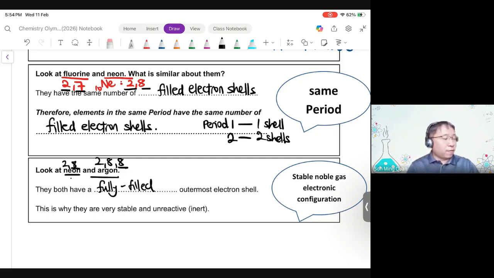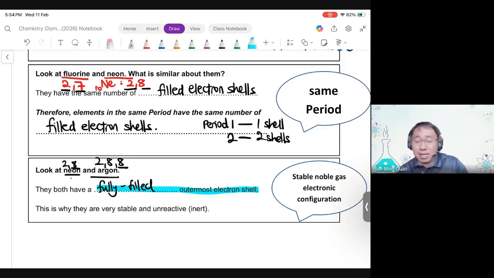Now, so the fully filled outermost electron shell is the key. Every single atom will want to achieve this. This is like the goal of every single atom. I want a fully filled outermost electron shell. And in the case of the second shell and third shell, that is 8 electrons.